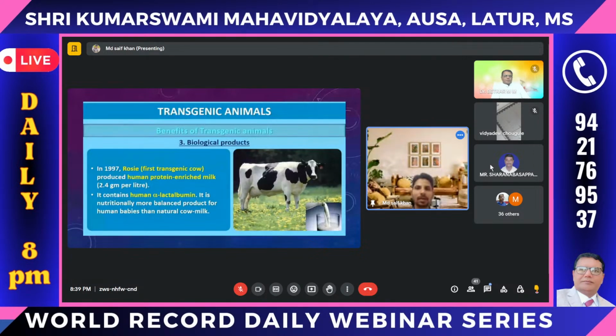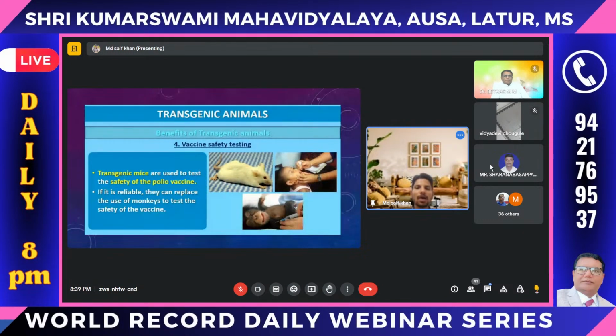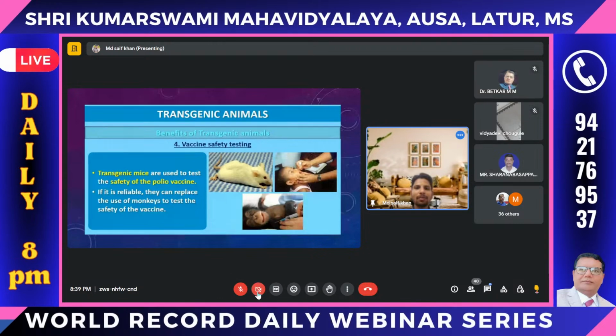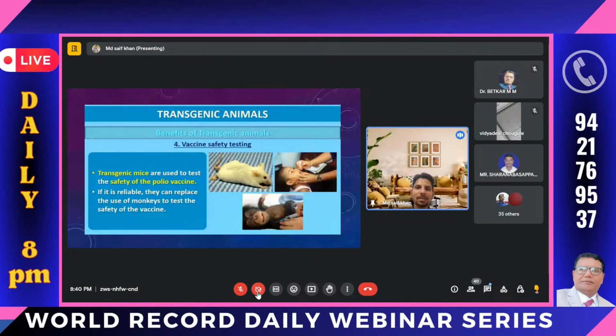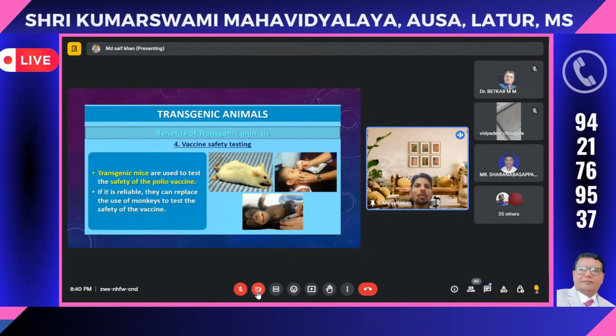Next is vaccine safety testing. As we know, in early life we have taken various vaccines for resistance to various diseases like the polio vaccine, hepatitis vaccine, herpes vaccine. So a vaccine is first tested on transgenic animals.